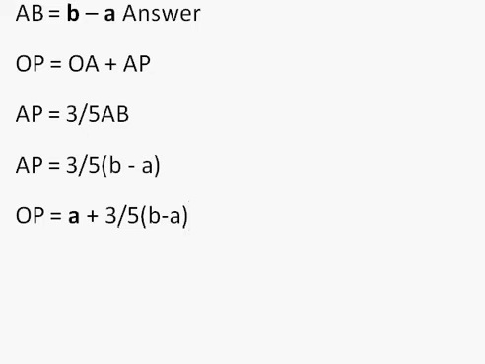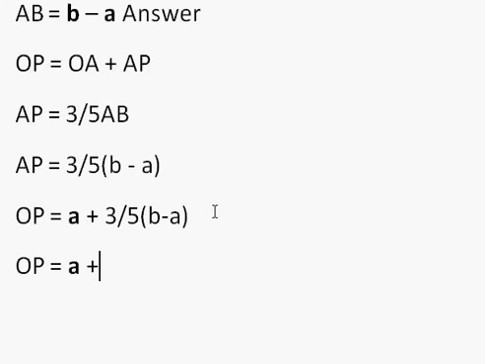Okay, let's work this out. OP equals a plus 3/5 of b, multiply it out. 3/5 times b is 3/5 of b, minus 3/5 of a.